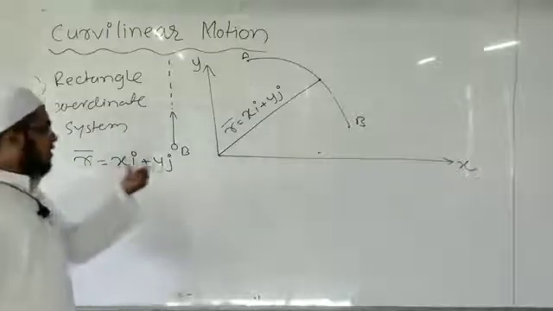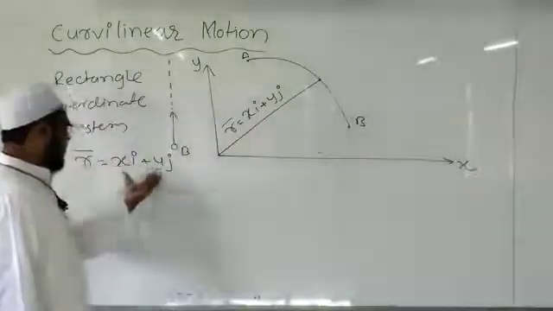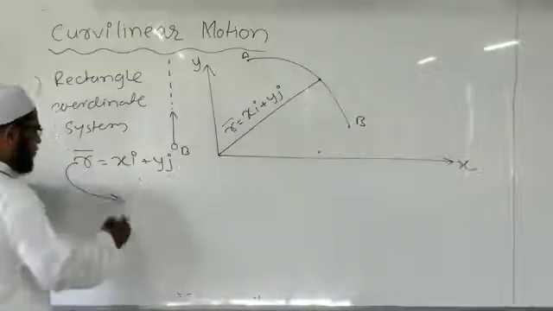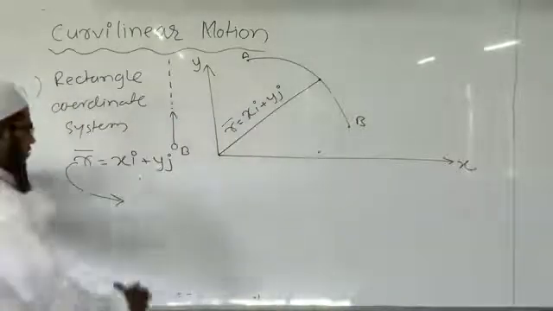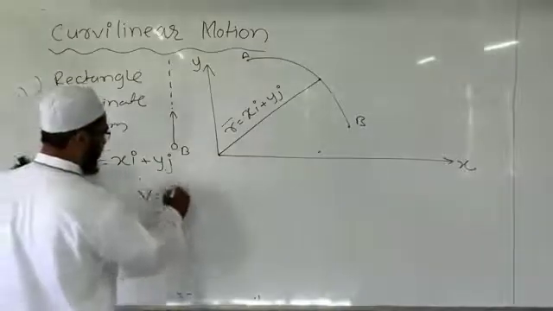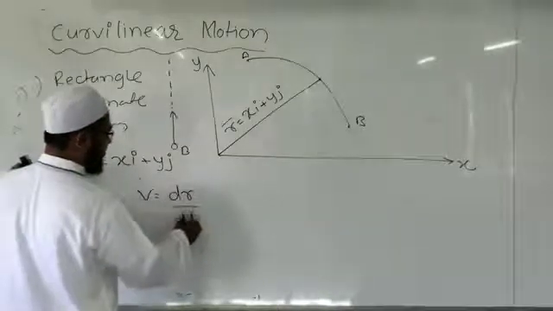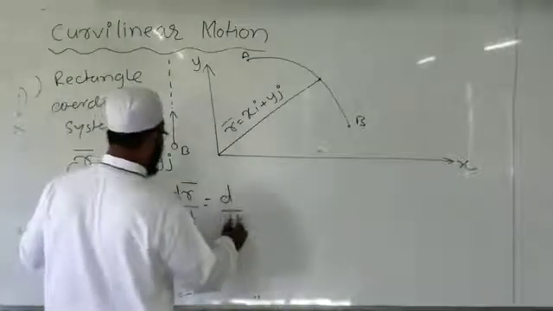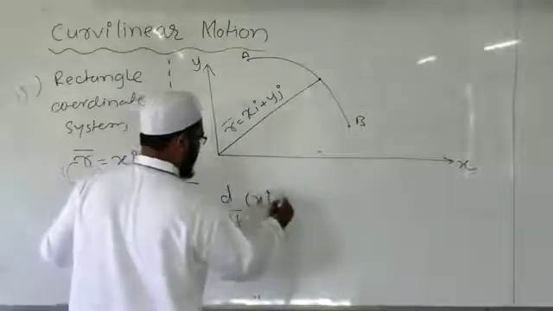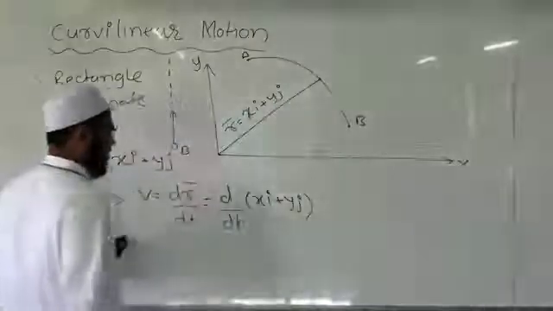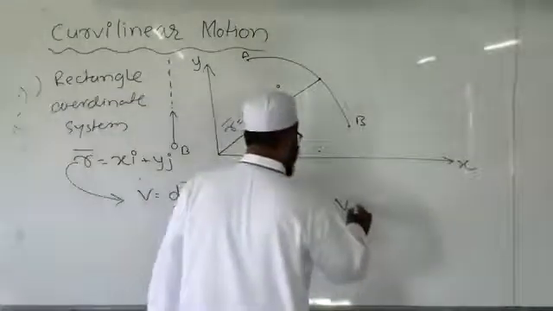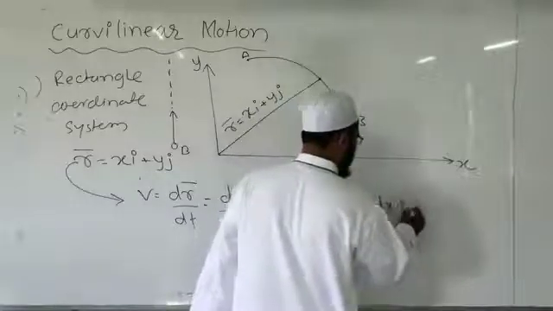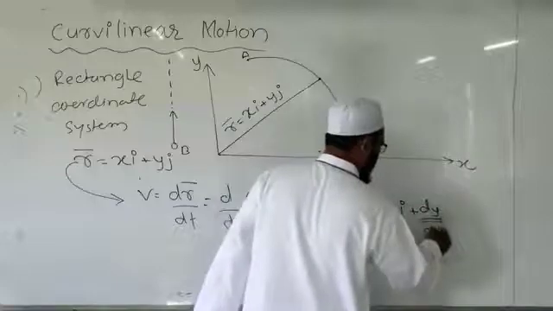If I need to find the velocity with the help of this vector, then velocity equals the rate of change of position, dr by dt. I will put here the value of r: d by dt of xi plus yj. Therefore, velocity v equals dx by dt i plus dy by dt j.